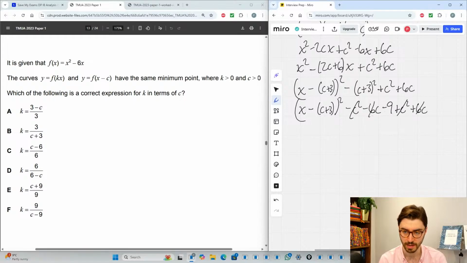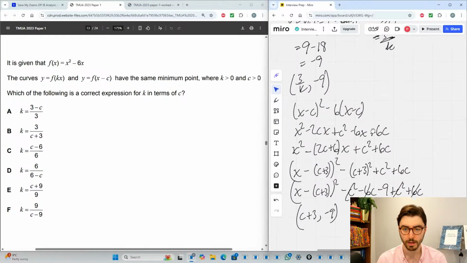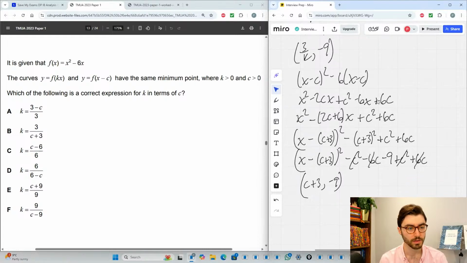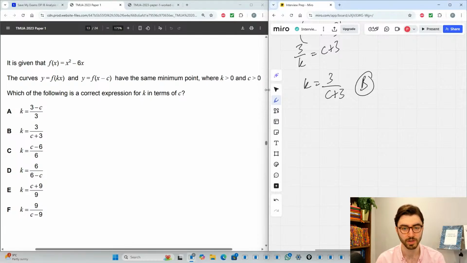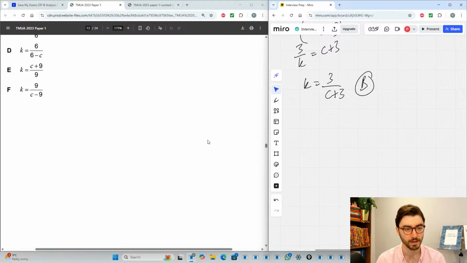Cancels, cancels, cancels, cancels. So the minimum point there is going to be (c plus 3, minus 9). So therefore, we know that 3 over k must be equal to c plus 3, which means that k is equal to 3 over (c plus 3), which is b. I feel like I could have done that faster by just locking into the x coordinates.